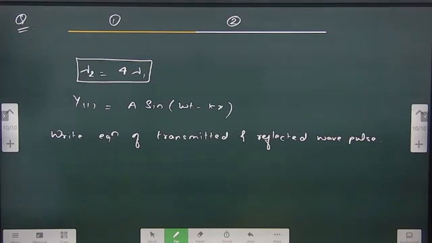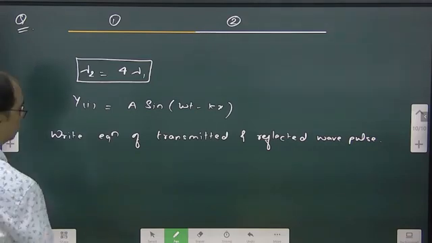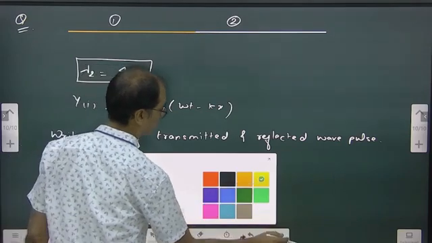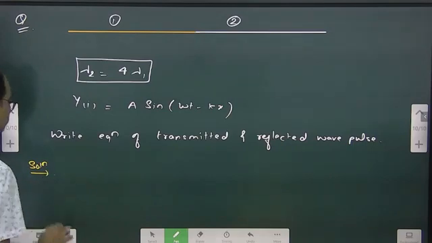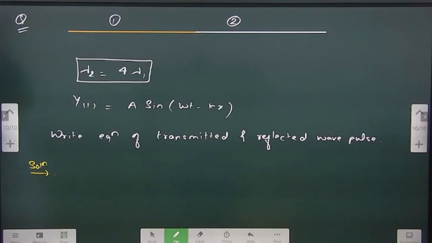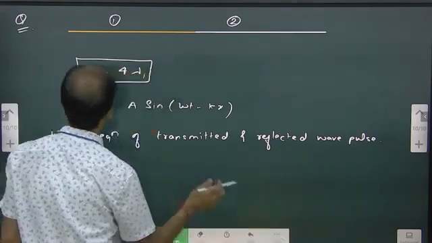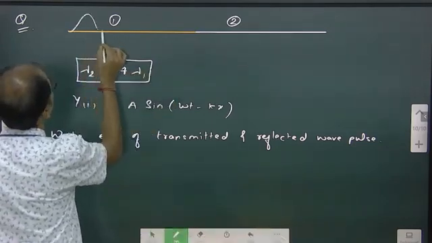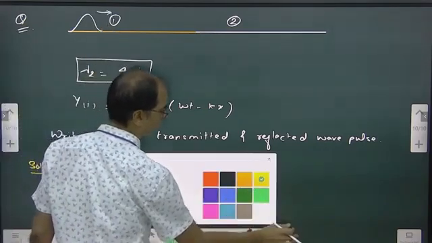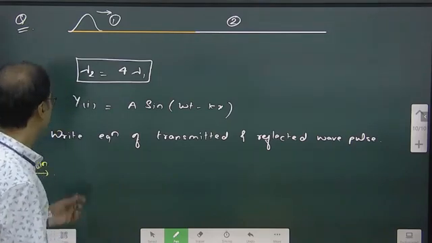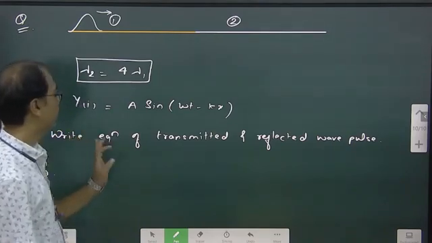Completed? Done? Yes, okay. So how is the wave going? It's going from medium 1 to medium 2. Obviously, that is only we do normally. Here is your pulse. It's moving from medium 1 to medium 2. Right? Question is saying that write equation of transmitted wave.